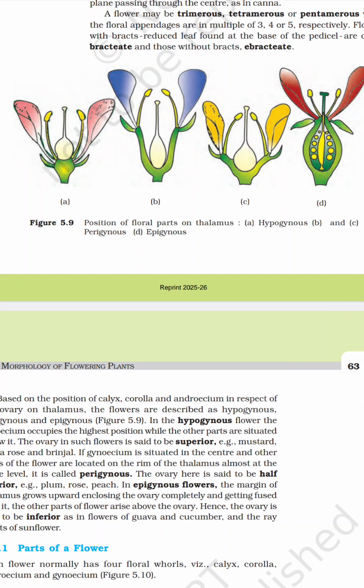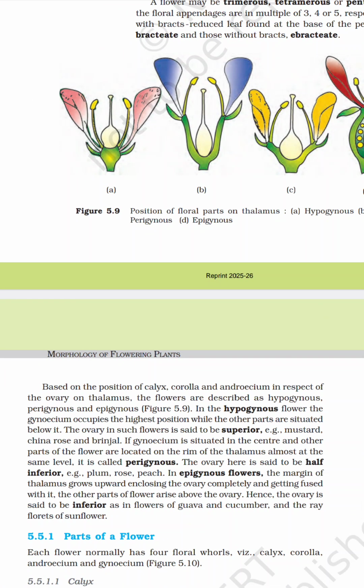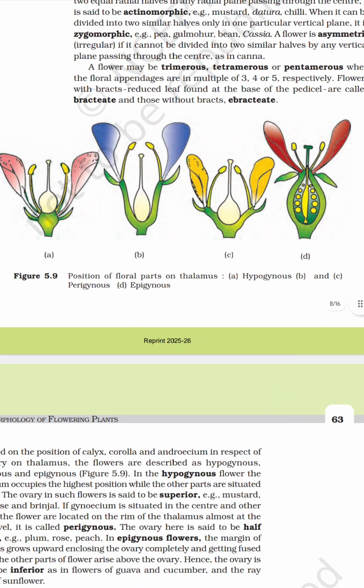Based on the position of the floral parts on the thalamus, it is of three types: hypogynous, epigynous and perigynous. Based on the position of calyx, corolla and androecium with respect to the gynoecium, in hypogynous the gynoecium occupies the highest position, whereas the other parts are below.